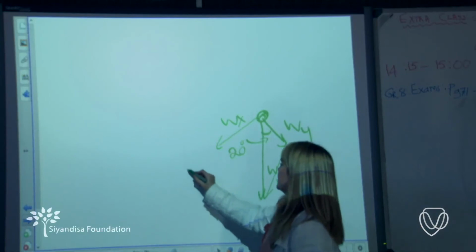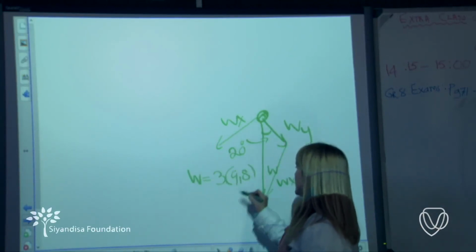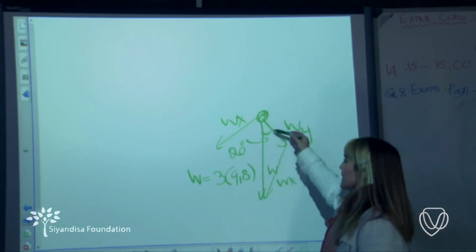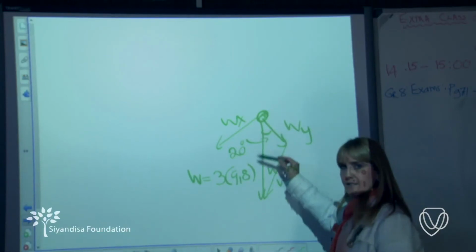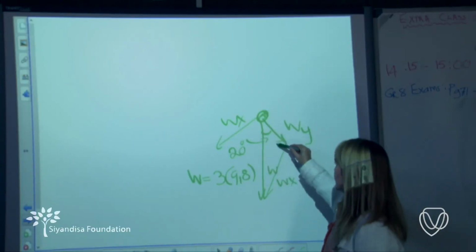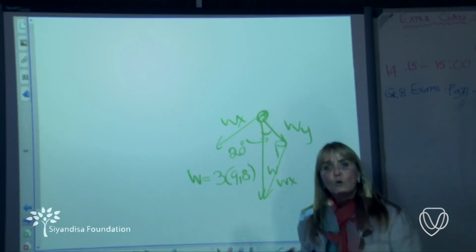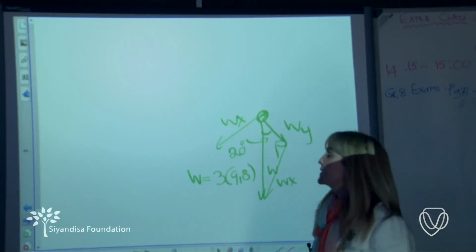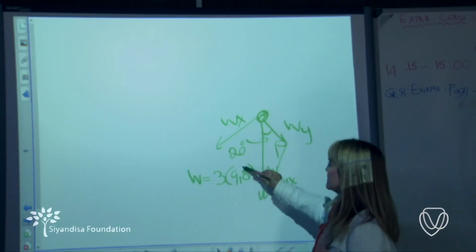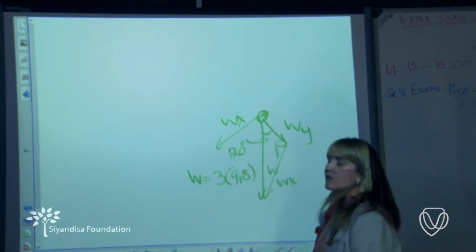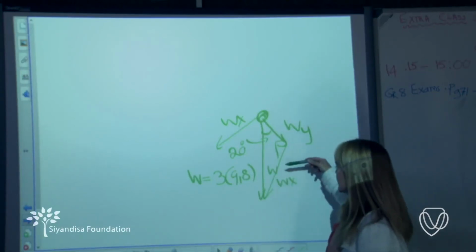So the weight is going to be equal to 3 times 9,8. You have got an angle. You have got this side, which happens to be the hypotenuse, because Wx and Wy are always going to be at 90 degrees to each other. So weight is the hypotenuse of the triangle. You've got the hypotenuse and an angle, which means that you can calculate Wx.